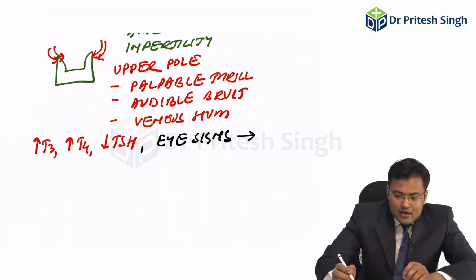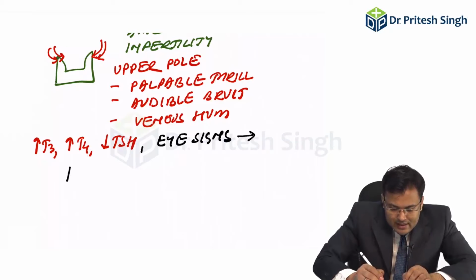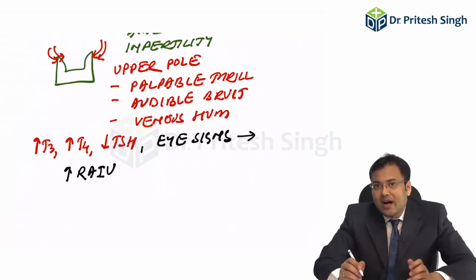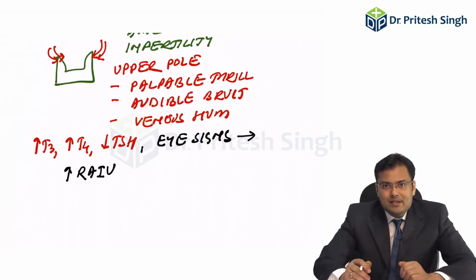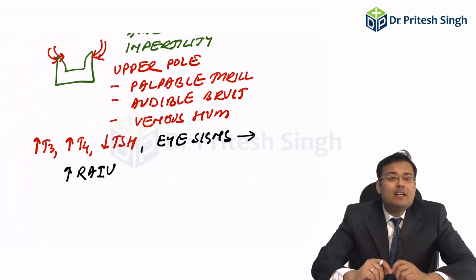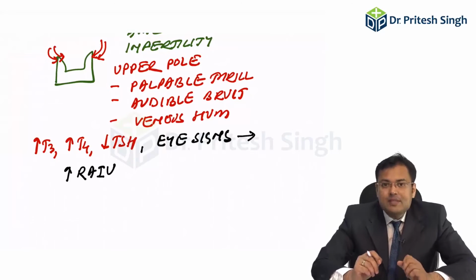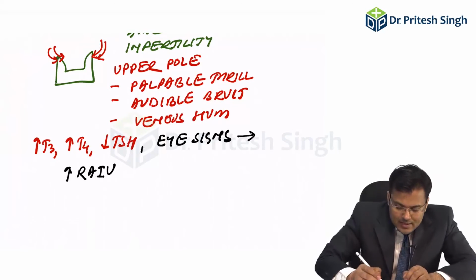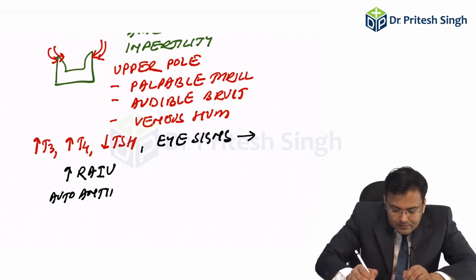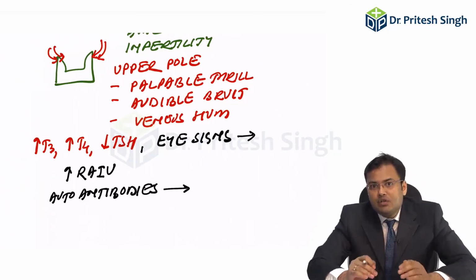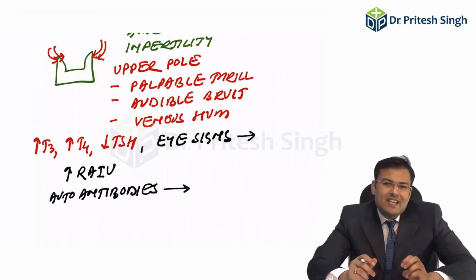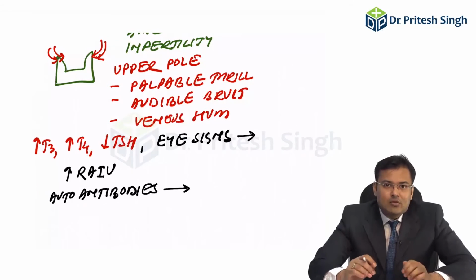Suppose eye signs are not there. In this case, there is increased radioactive iodine uptake. Why? Gland is hyperactive. And one single investigation which can confirm the diagnosis is presence of autoantibodies. So presence of thyroid stimulating autoantibodies against TSH receptor is diagnostic.